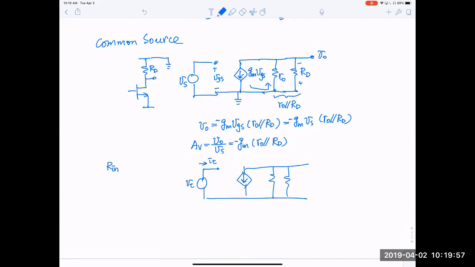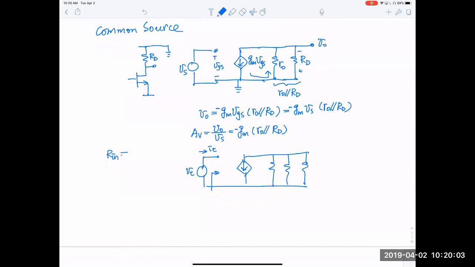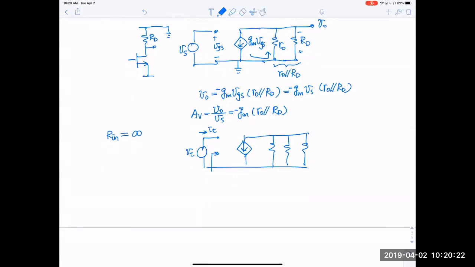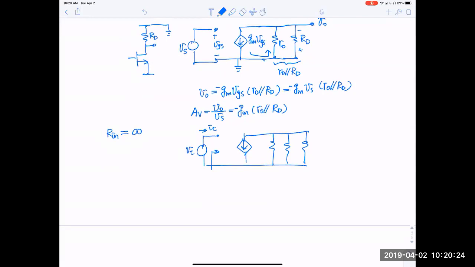We include RL, but here is open circuit. So you look into nothing, so Rin is infinity. Insulated gate. Later, when we talk about parasitic capacitance, this is no longer infinite. Eventually, this will be connected to the input capacitance, the gate capacitance. So that's easier than usual.